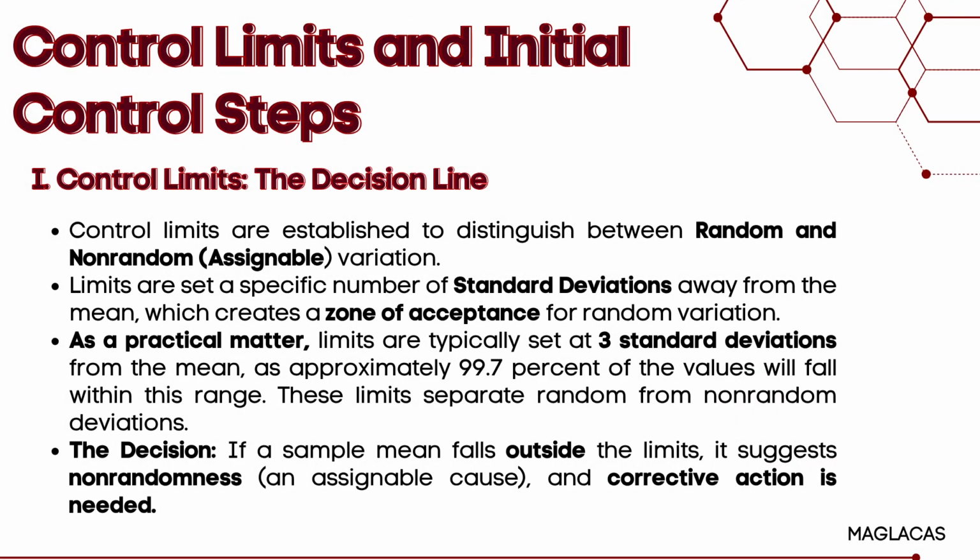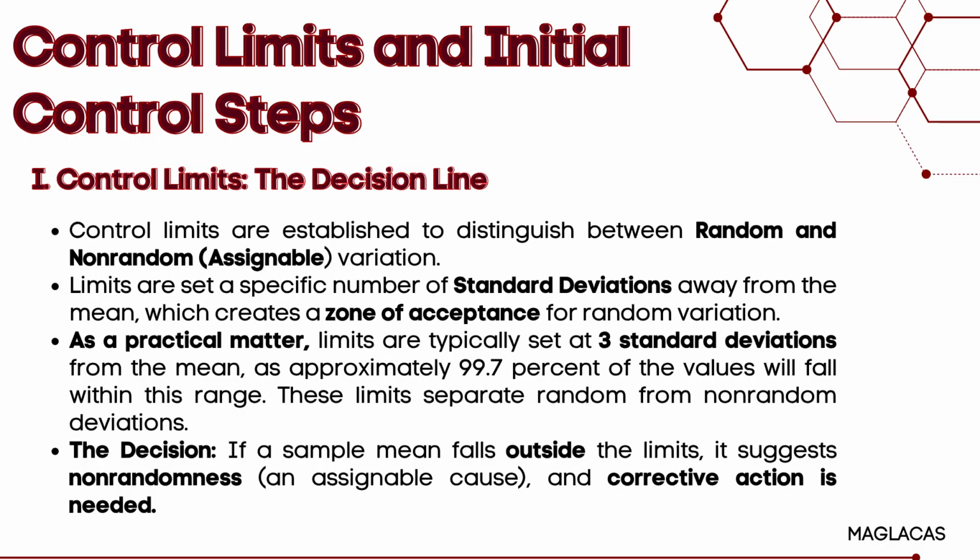Control limits are established to tell the difference between expected normal fluctuations and major unidentifiable problems. These limits are determined by calculating a specific distance measured in standard deviations, defining an acceptable zone for normal variation.